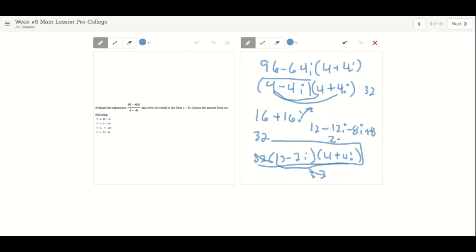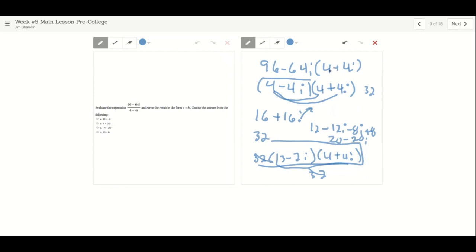So it looks like I end up with 20 minus 20i. Is that right? Is there an answer like that? No, there's not. I made a mistake someplace. Darn it. Oh, one of these is probably a positive, because that would do it.